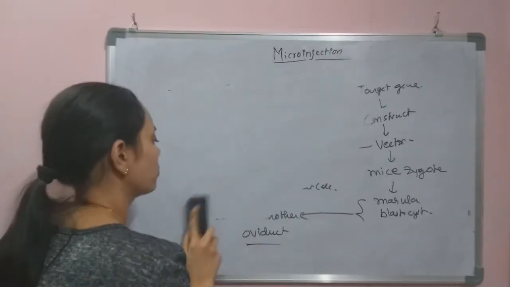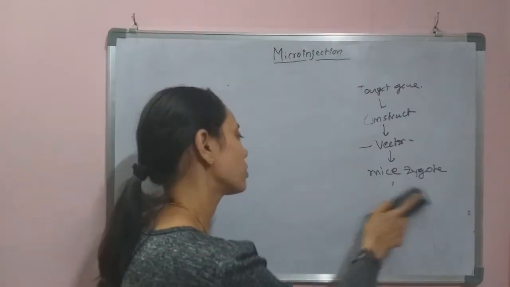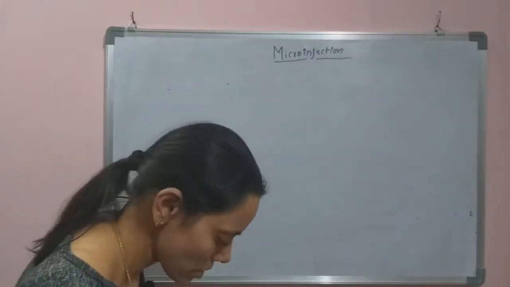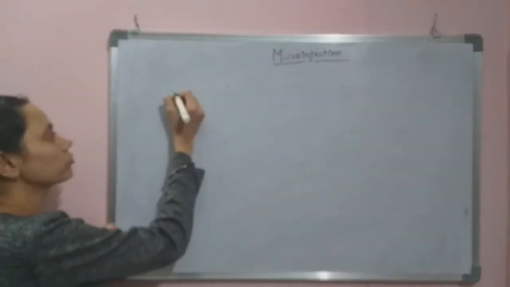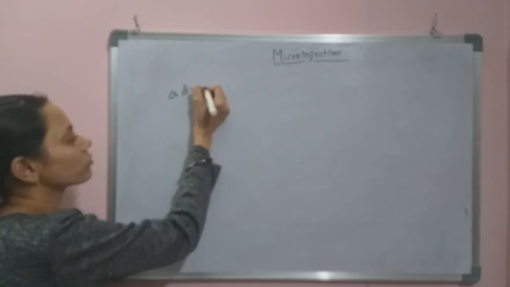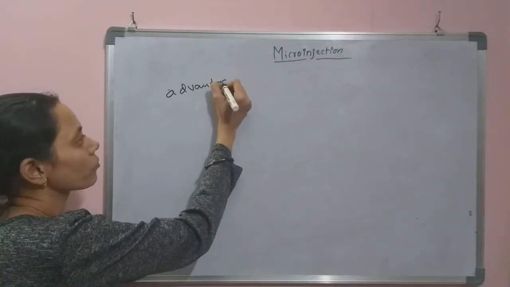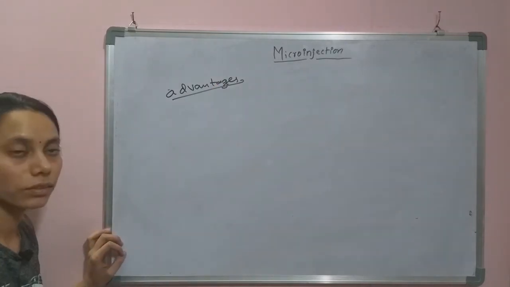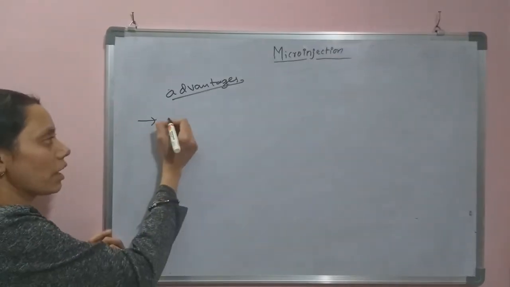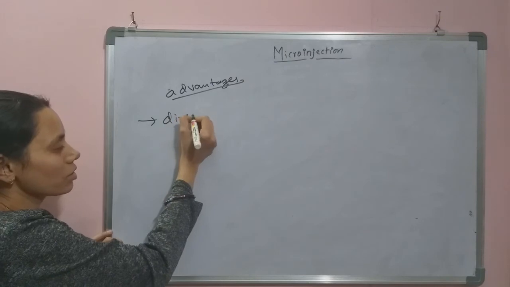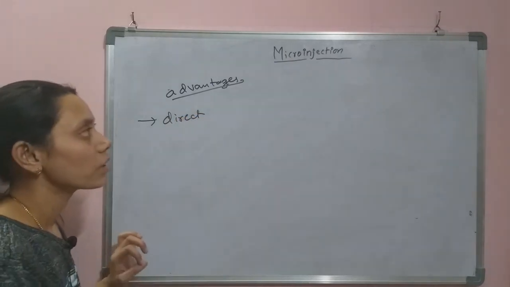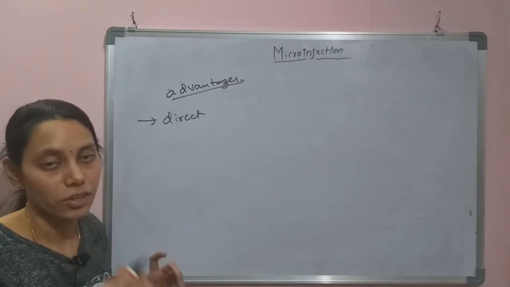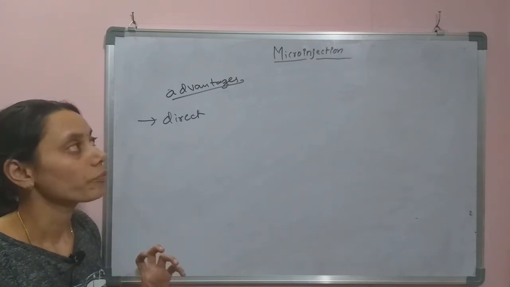So coming to the next point, that is the basic advantages of this method. Basically, this microinjection is a very apt and direct method of the introduction of genes. It gives a precise introduction of the DNA into the host cell.